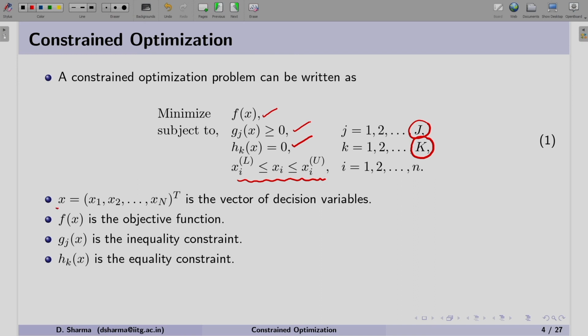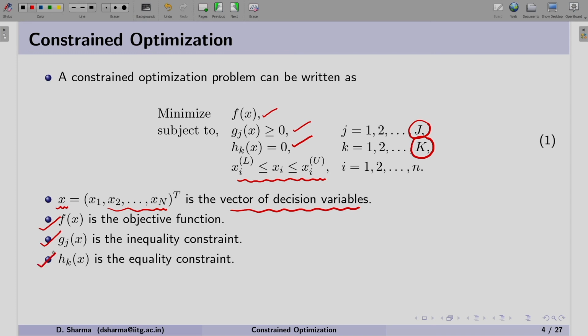Now, here the x which we are writing is a column vector for us. So, this is a vector of decision variables, and as we have understood, since we are minimizing the function, f(x) is our objective function and Gj of x is our inequality constraint.